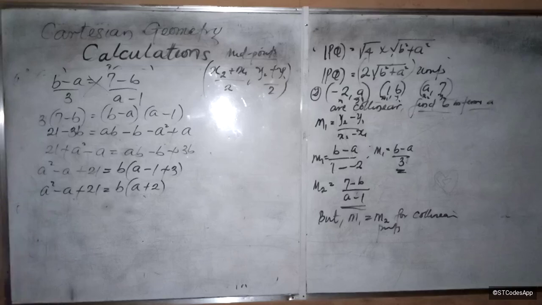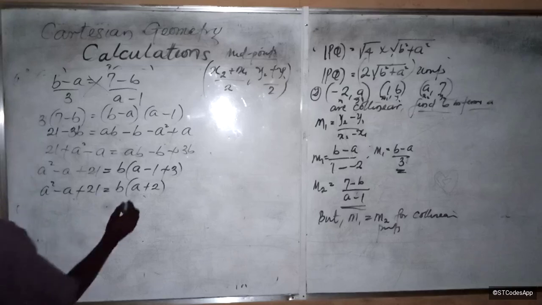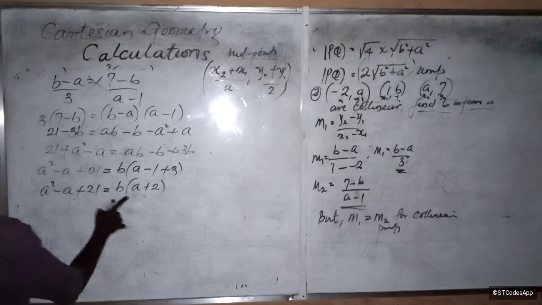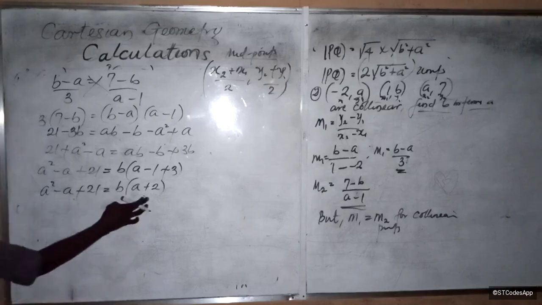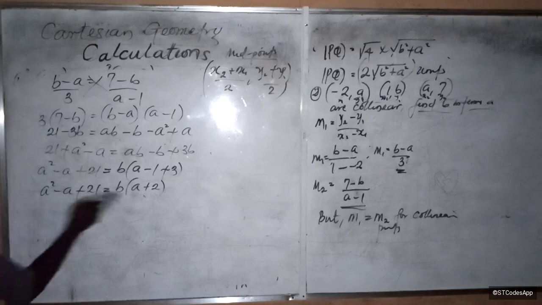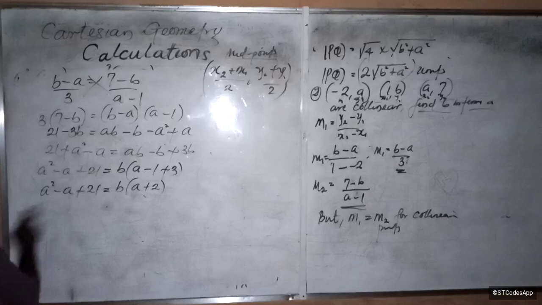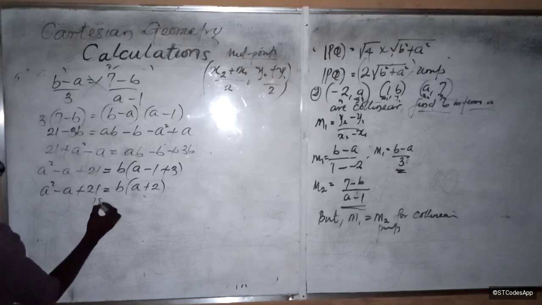So what does that mean? We can now divide both sides. But even as with what you have here, let's try to factorize this. What are the factors of 21? The factors of 21 will be 7 and 3.